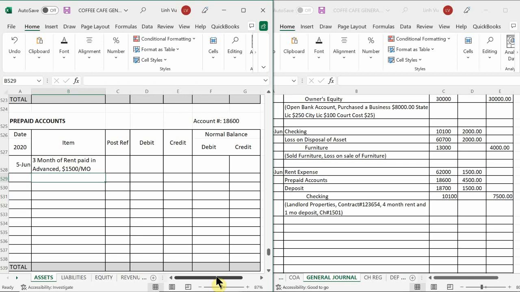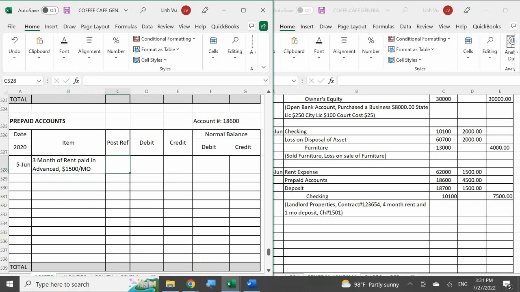Once you're actually using the rent for that current month, you need to remove 1 month and utilize it as a rent expense. We call that an adjustment entry to get yourself ready for the next accounting period. So you need to know that every month rent is $1,500.